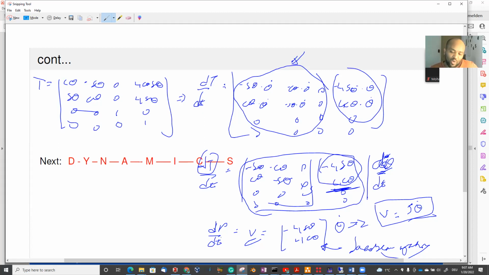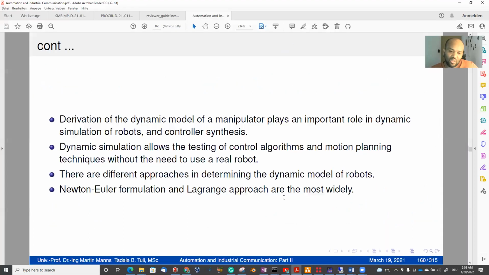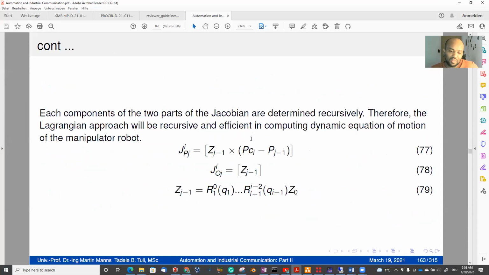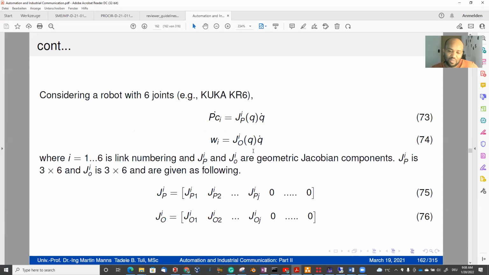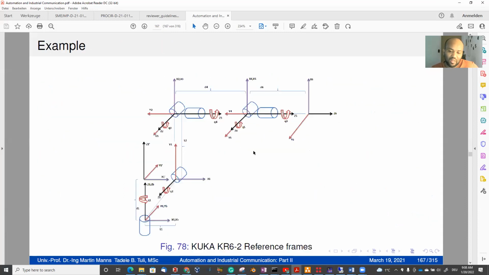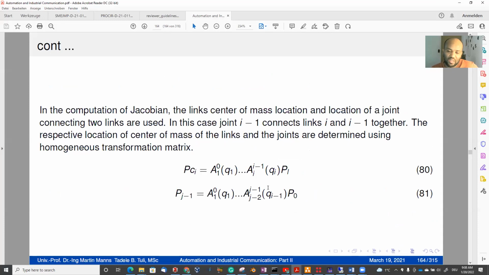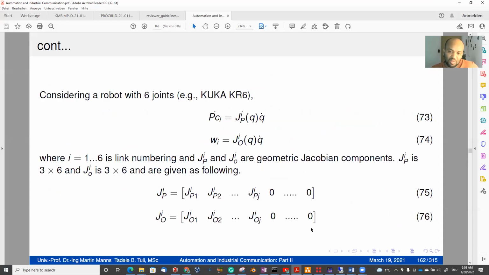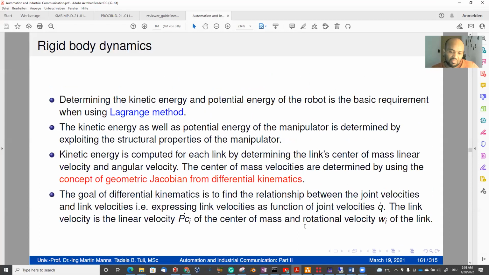Now the Jacobian could be defined with a matrix, as you can see here. It is a partial differentiation. You could also calculate it manually by doing some differential equations.